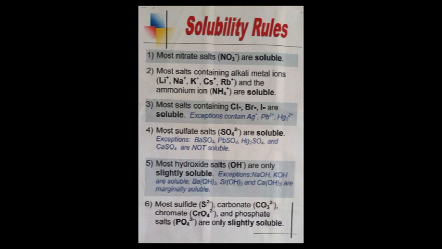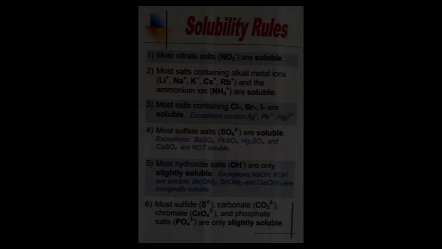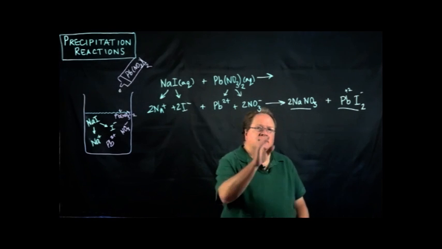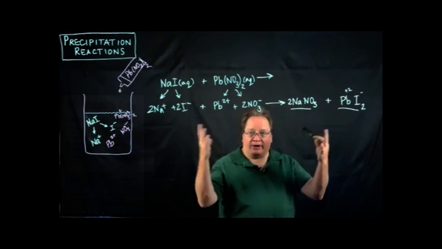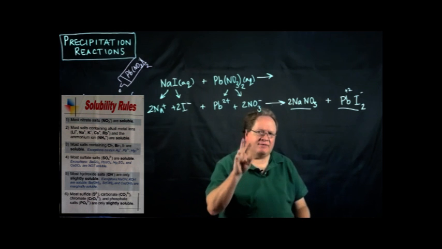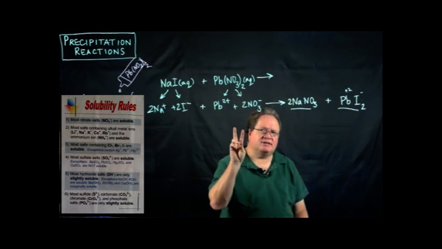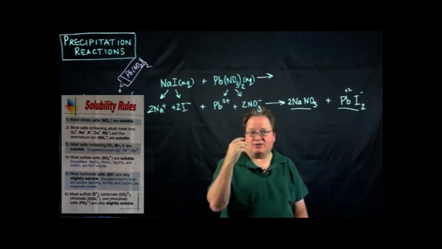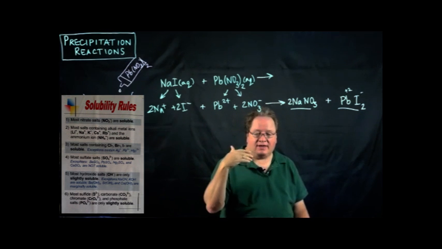All right, so with those rules, we're going to go ahead and go back to the question that we're looking at, and see if we can apply those rules to decide what exactly is our precipitate. Coming back to our equation here of what happened inside the graduated cylinder, remember that we have two choices here that we need to decide on in as much as what made the precipitate.